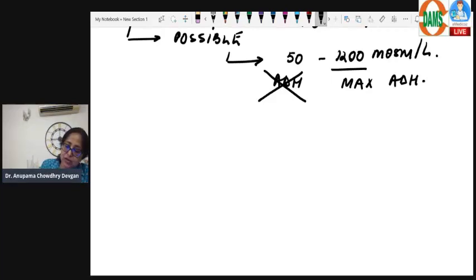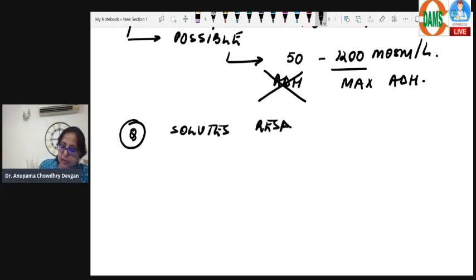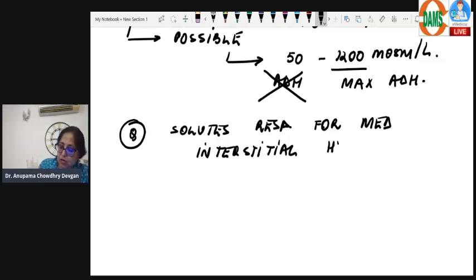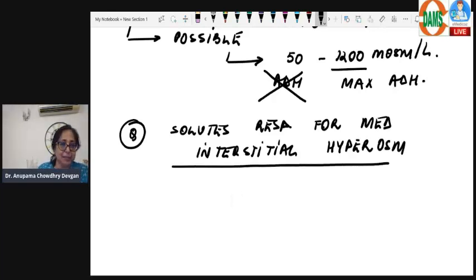So my next important question related to loop of Henle is, which are the solutes responsible for the medullary interstitial hyperosmolality?